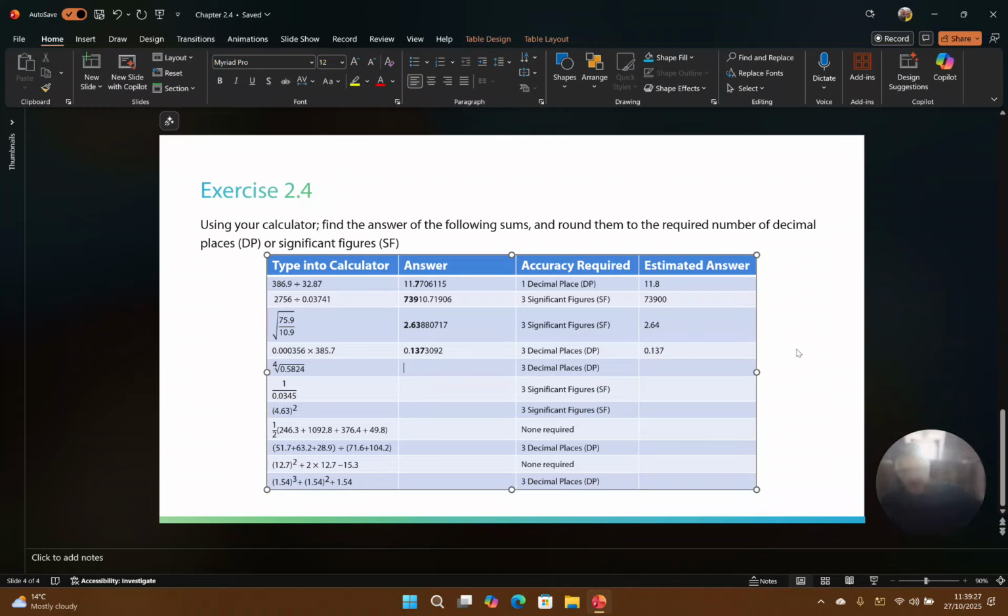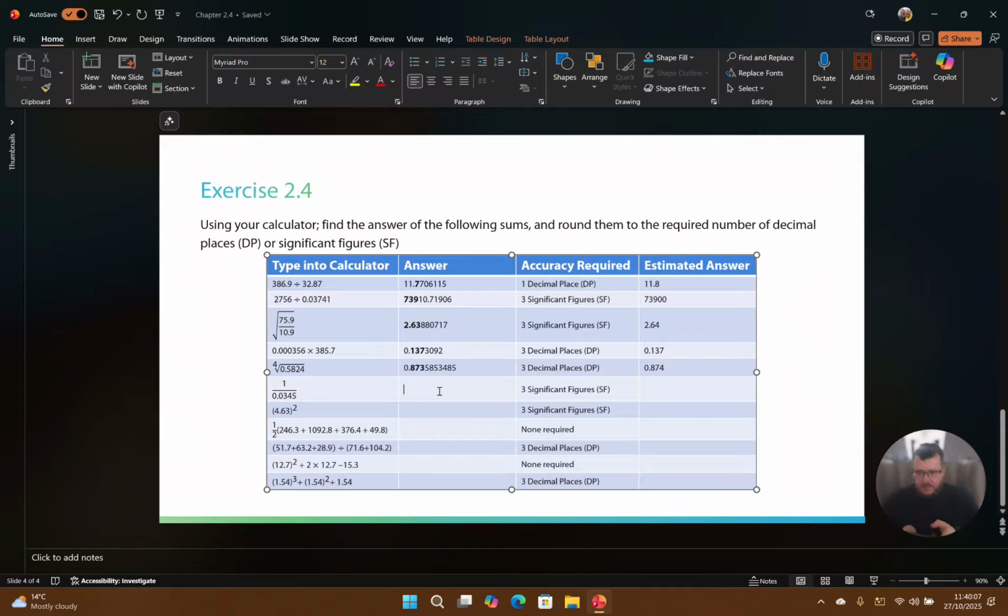Will the answer display on this slideshow be long enough to fit this in? We've got 10 decimal places, we're looking for 3. So we do 0.87, and because we look at the 5, and because it's equal to 5, we then round it up. We round up the 3.